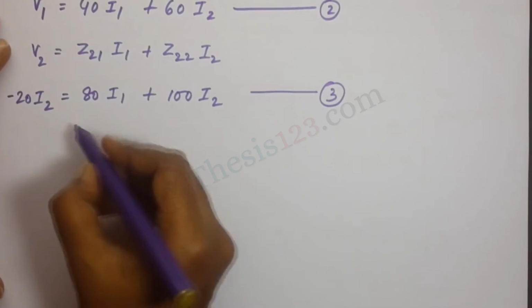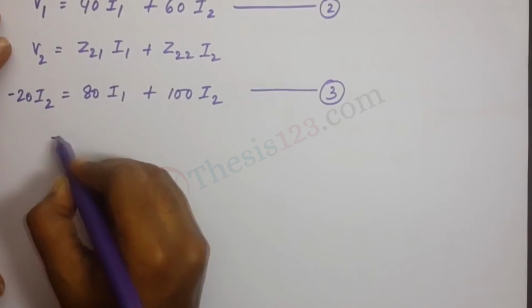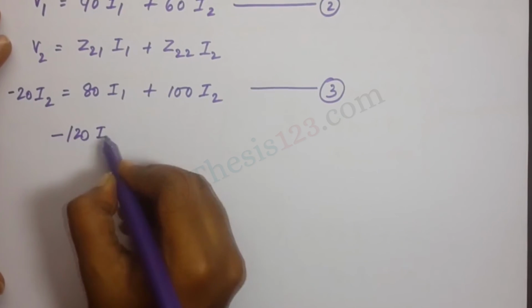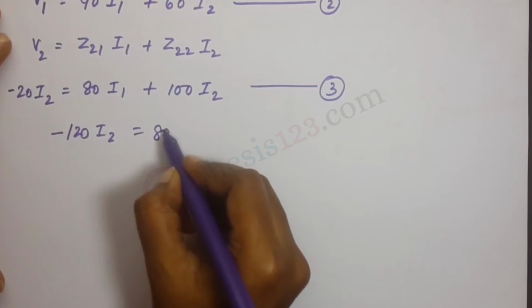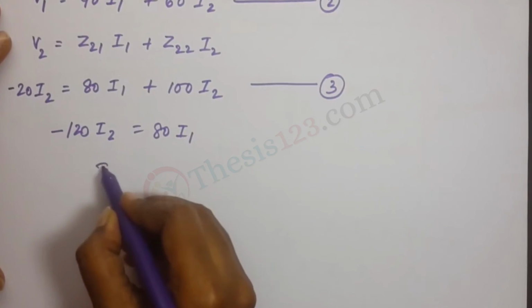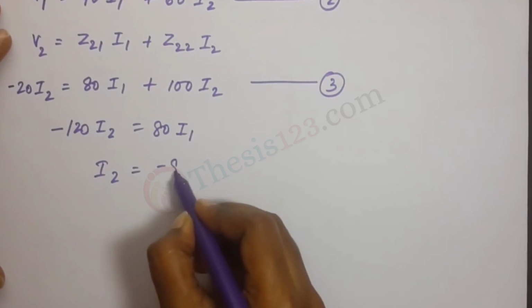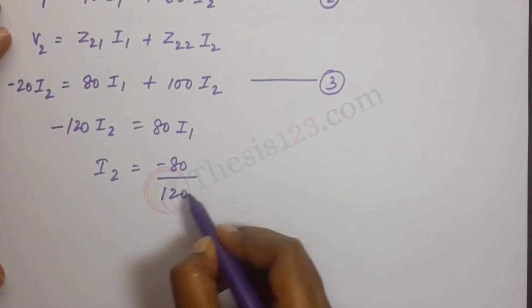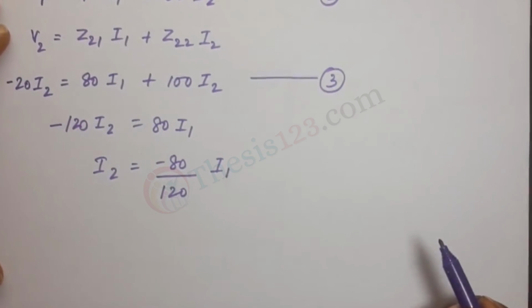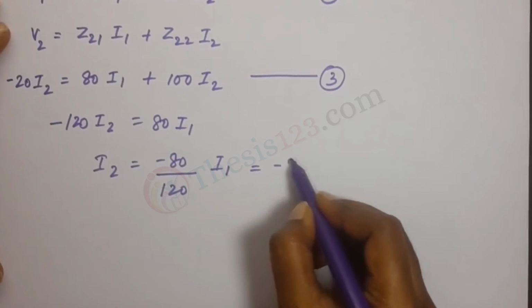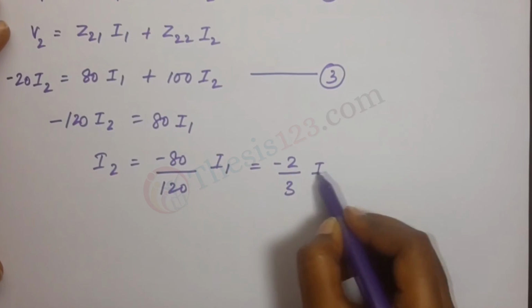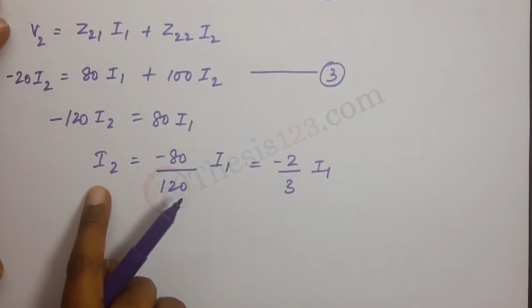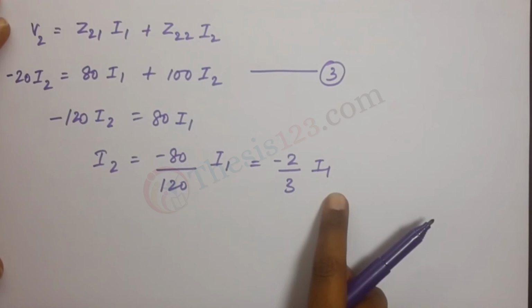So minus 120 I2 is equal to 80 I1. I2 is equal to minus 80 by 120 into I1. We can simplify that and write it as minus 2 by 3 I1. So I2 is equal to minus 2 by 3 I1.